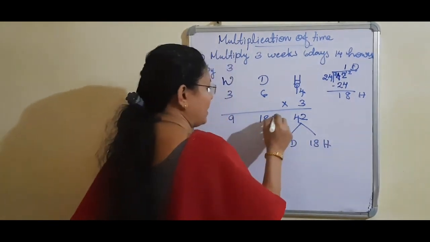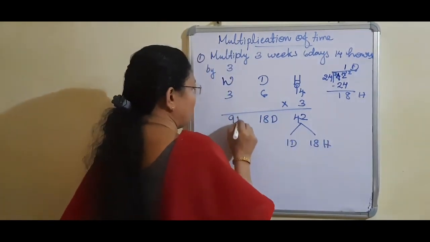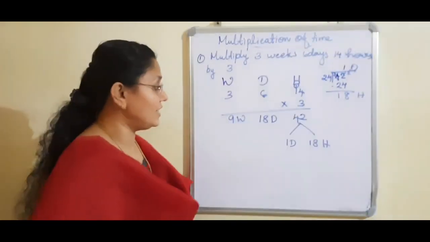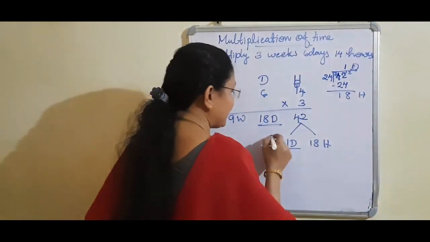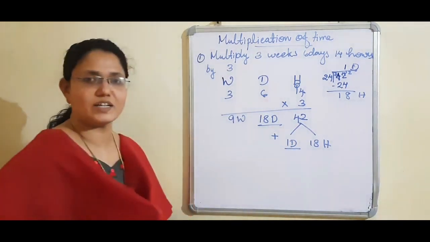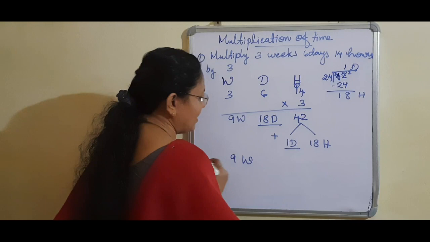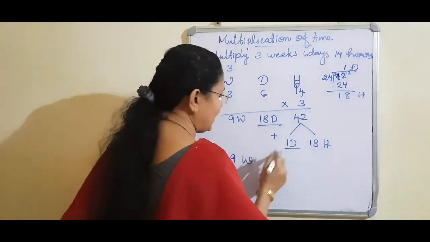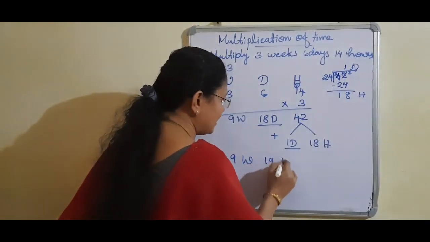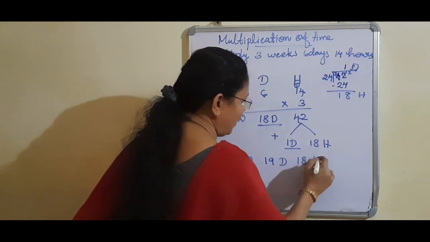This is also in day, this is week. You studied the same units we can add. So that how can we write it here? Yes, we can write it as 9 weeks, 18 days plus 1 day, that is 19 days, 18 hours.